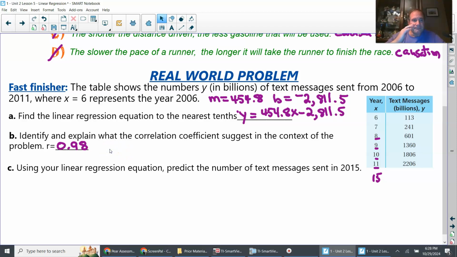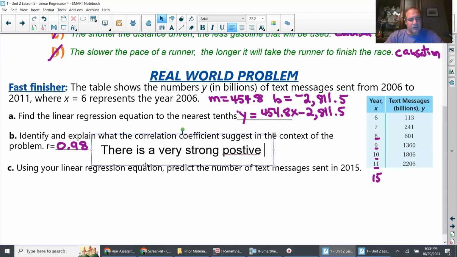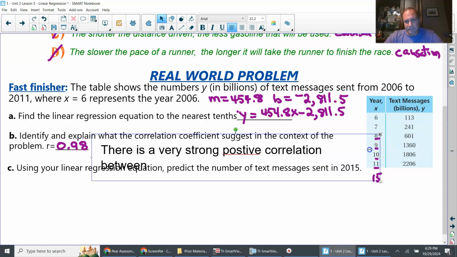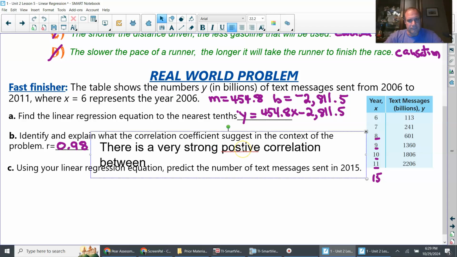And now remember, you have to put these words. I'm just going to put this down. There is a very strong positive correlation between years.